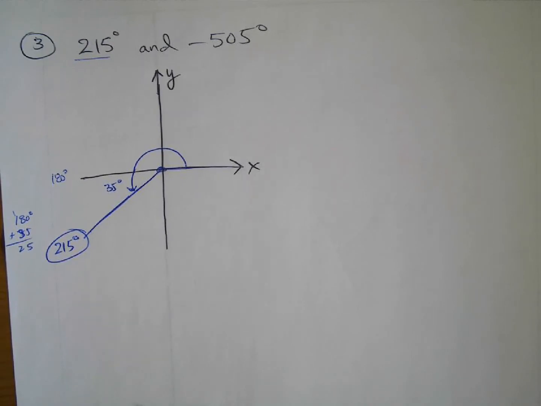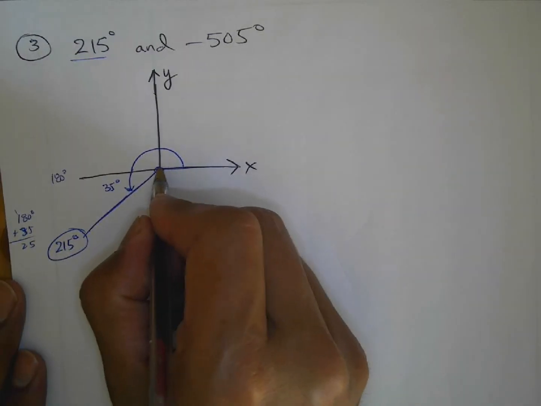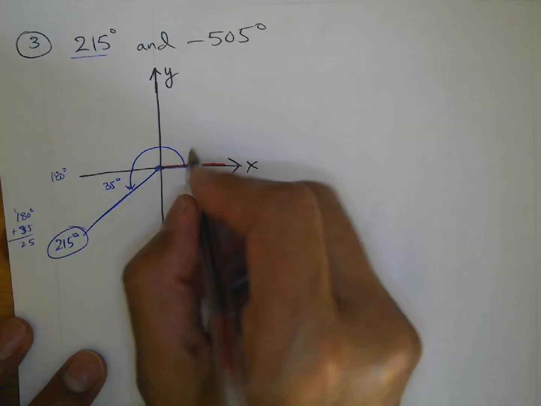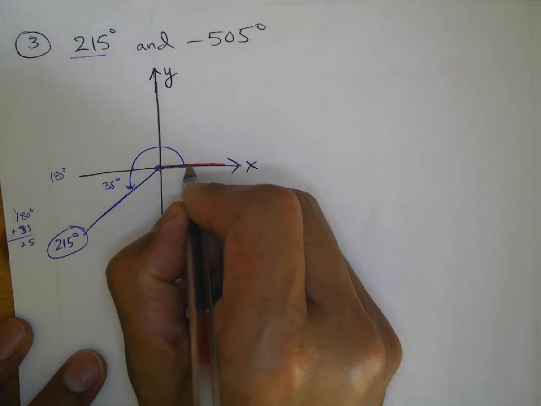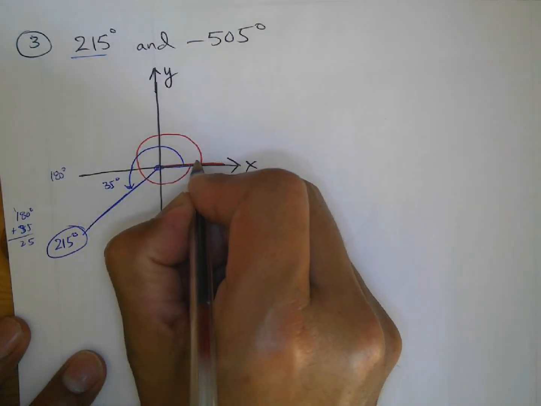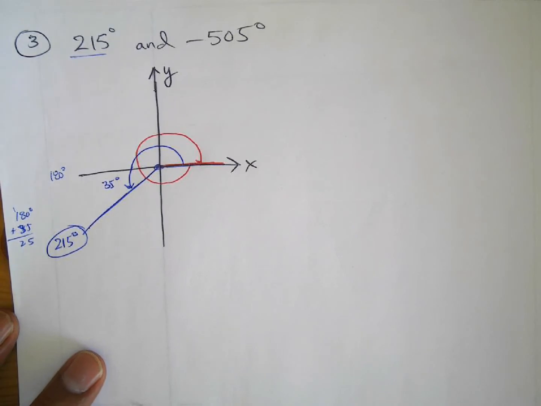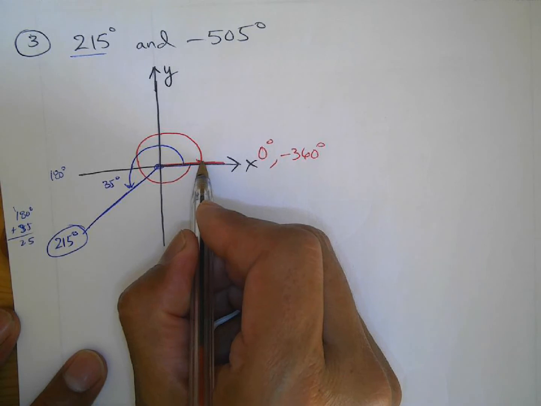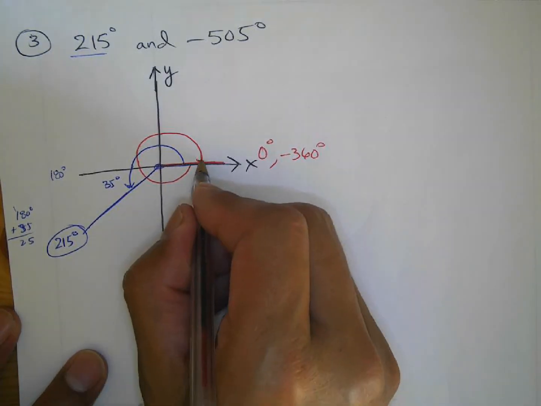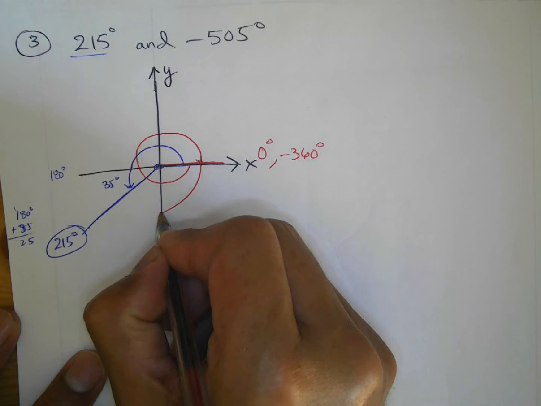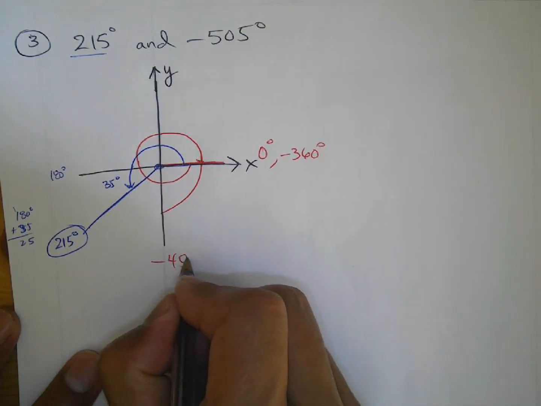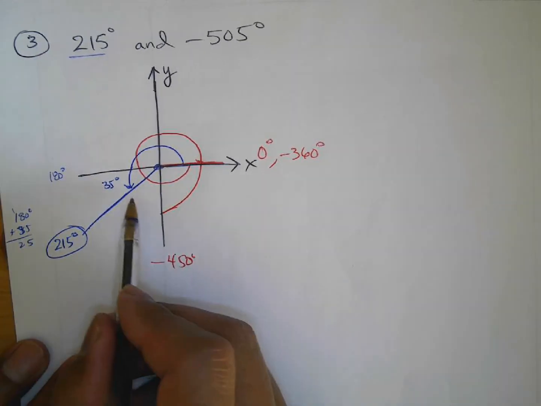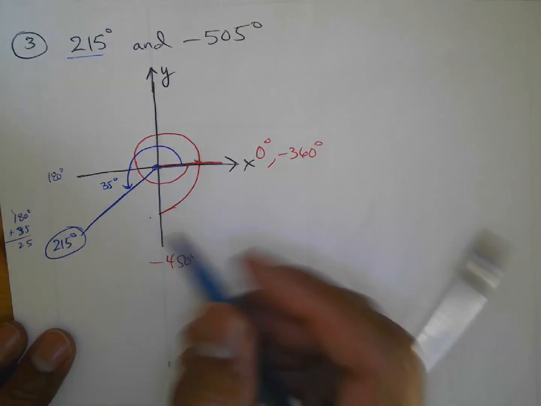All right, let's see if I now draw negative 505. That would be negative 360. I go around once. I'm at 0, but I'm back at negative 360. Plus 90 is negative 450 up to here. And remember I told you to get these two angles.